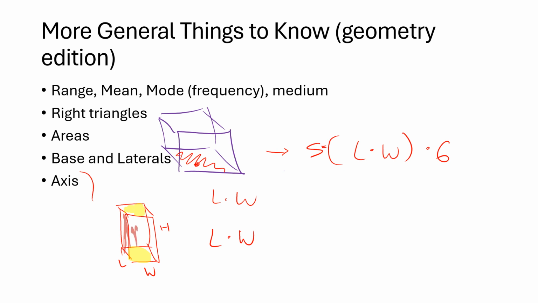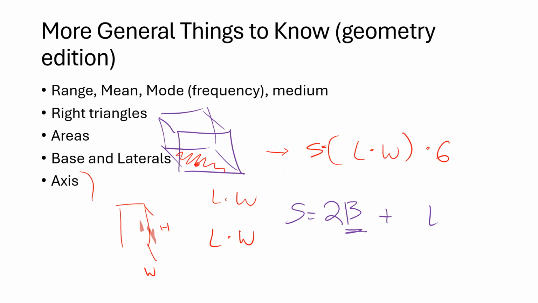These are laterals. These are the faces of the four sides. They're called laterals. So if I ever ask you what is the surface area of a rectangular prism, a big B means base, plus 2 laterals, or plus the lateral, because there's 4 laterals, you add them all up together.